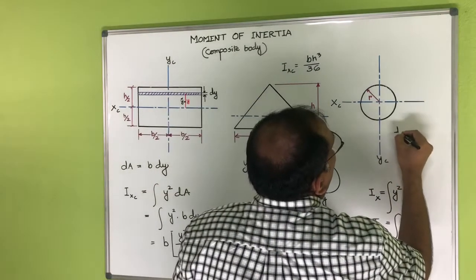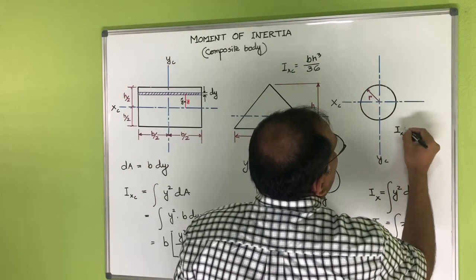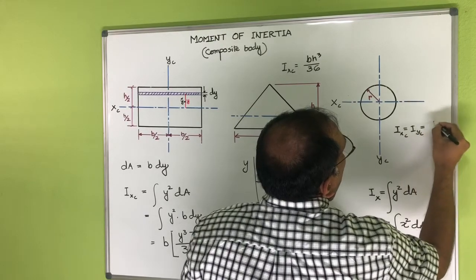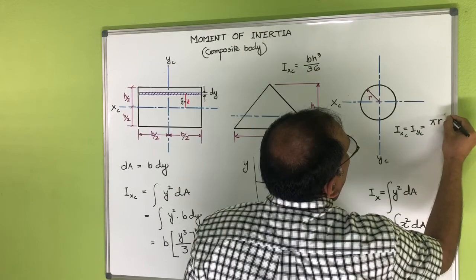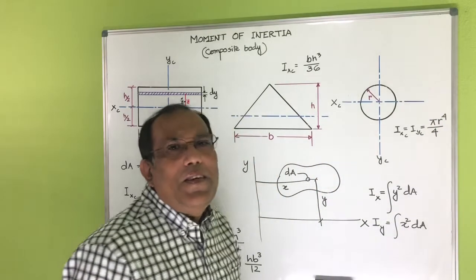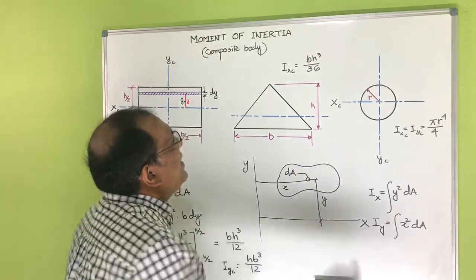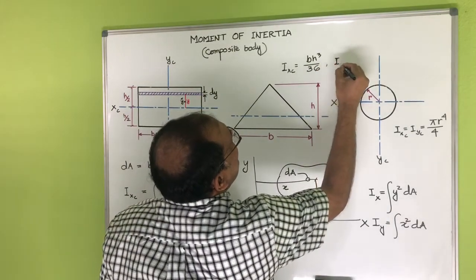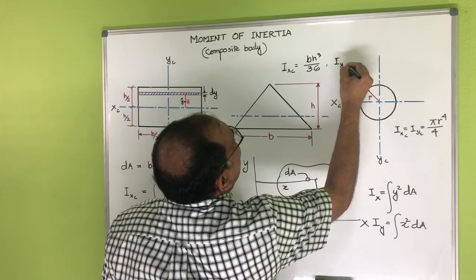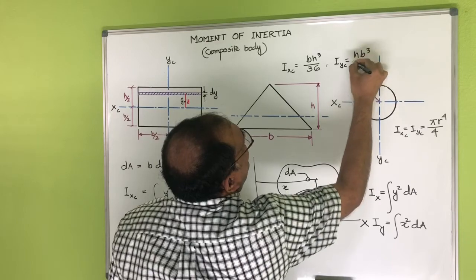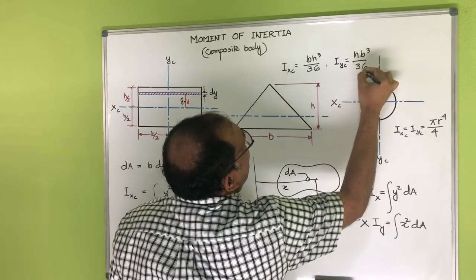Here Ixc is equal to Iyc is equal to pi r to the power 4 by 4. And here Iyc is basically hb cubed by 36.